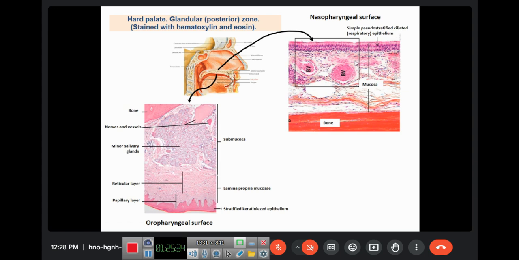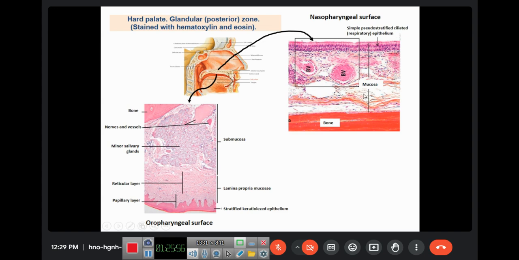It means that the air that we breathe in should be heated up to our body temperature and moistened. Instead, our lungs will be damaged with too dry and cold air. So the blood vessels, which we see very multiple in the lamina propria mucosa, serve for heating and moistening of the air.